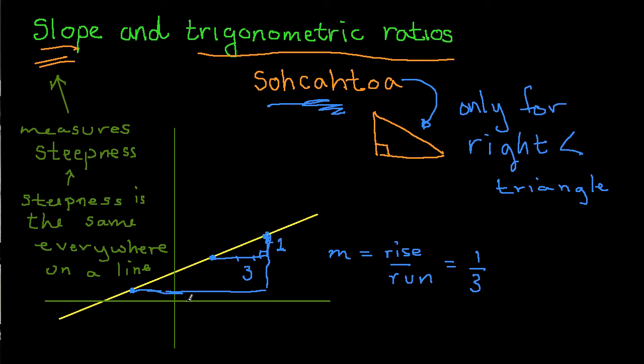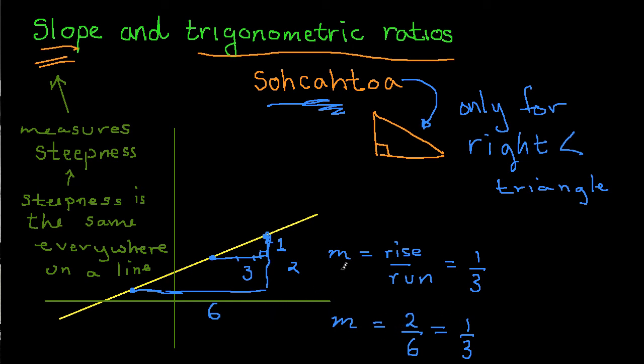Let's just say this is 6, so this is almost twice as far, and we get up twice as far. So this is now 2. So when we make the comparison, the slope is equal to rise over run. Well, we went up 2, but we went a whole 6 meters across to do it. So it wasn't any more difficult, it's the same slope as the other 2 points. So rise over run stays fixed here.